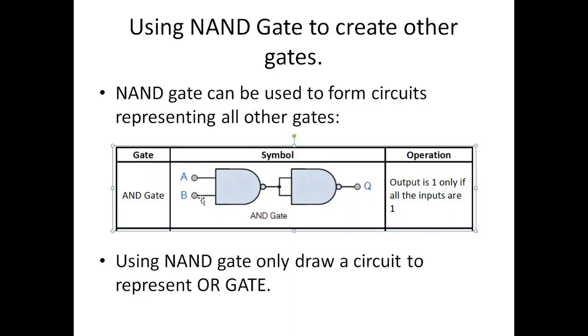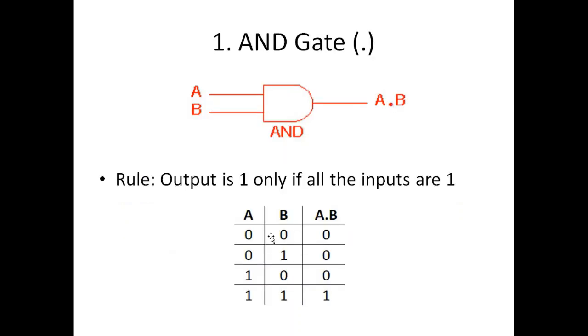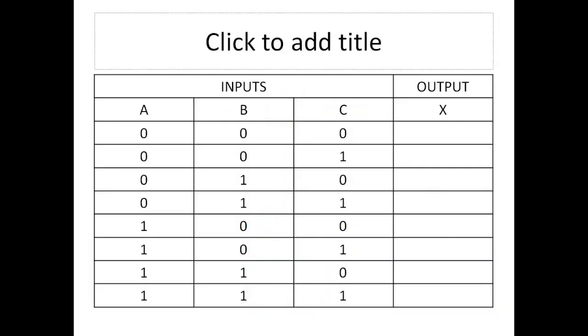The first NAND gate has 2 inputs and the output is shorted as 2 inputs, and the truth table you would get would be the same as an AND gate. If you don't believe me, you can draw a truth table over here and solve it out, or I'll just do it for you.